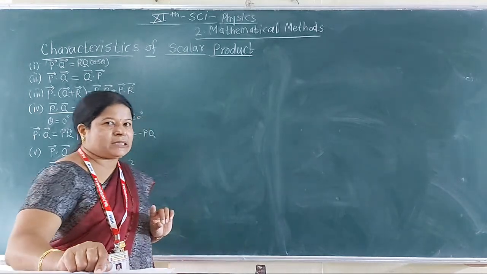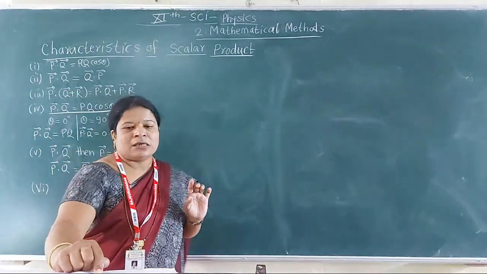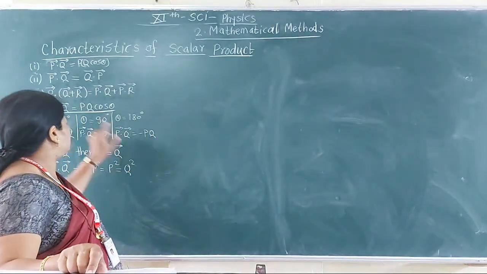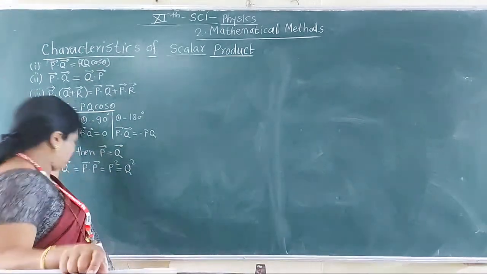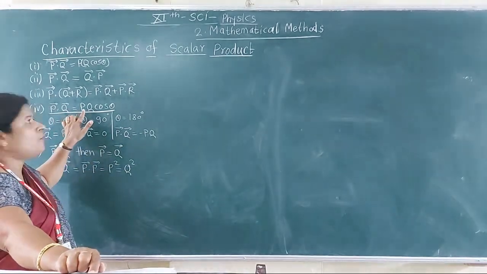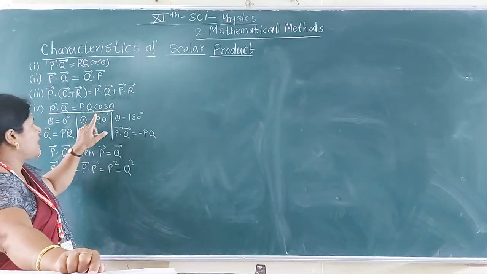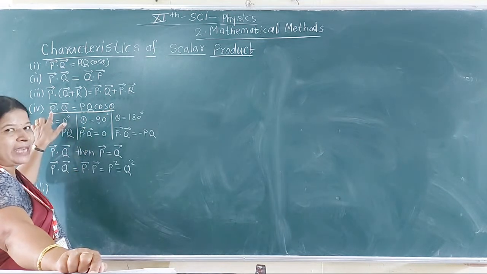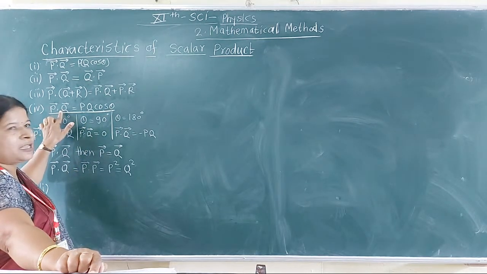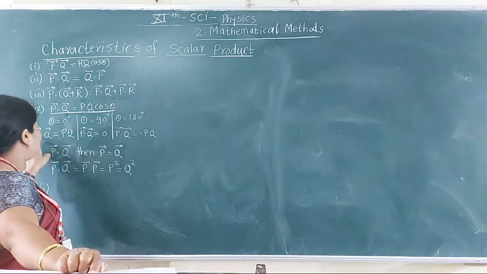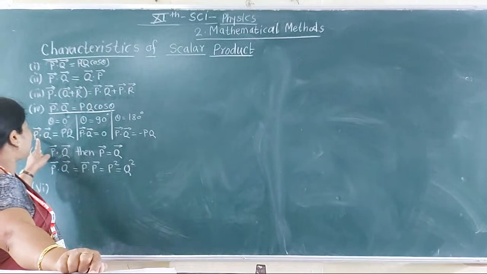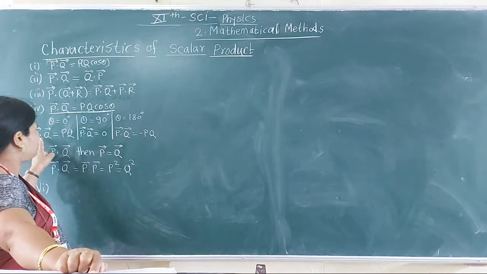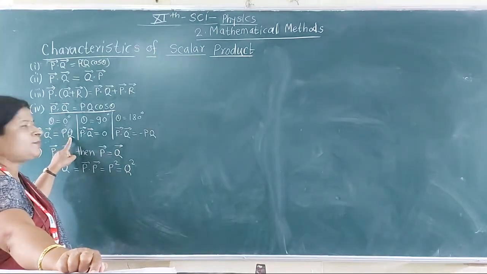Fourth characteristic, special cases of scalar product. According to our definition, vector P dot vector Q is equal to PQ cos theta. If the angle theta between the two vectors P and Q is 0 degrees, then we get the product of the magnitudes of the two vectors, that means PQ.